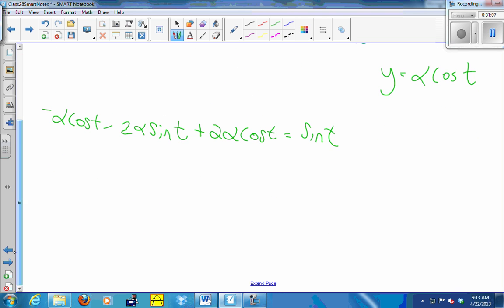So maybe both. Let's try y equals alpha cosine t plus beta sine t, a linear combination of the two sinusoidal functions.